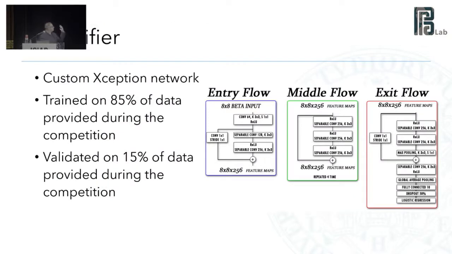Just two bits about our network. It is an Xception network basically customized for the task, because we have to embed in this network more information related to scale, rescale and compression, JPEG compression information in particular.